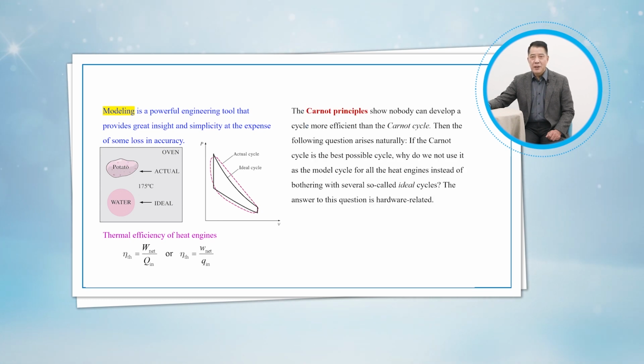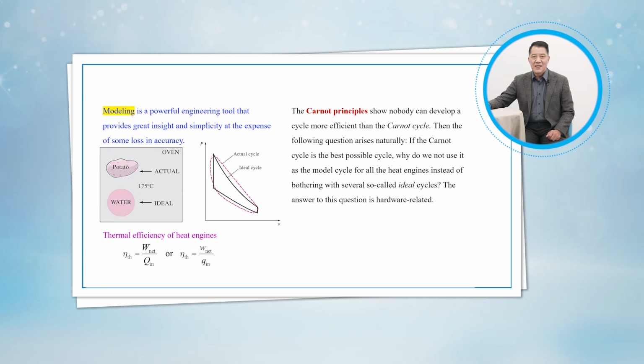The Carnot principles show that nobody can develop a cycle more efficient than the Carnot cycle. Then the following question arises naturally. If the Carnot cycle is the best possible cycle, why do we not use it as the model cycle for all the heat engines instead of bothering with several so-called ideal cycles?